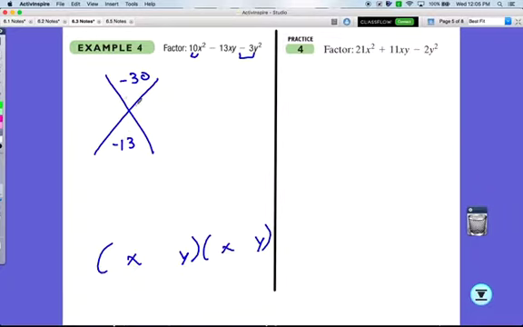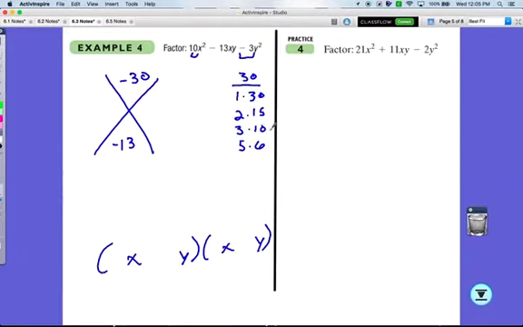So I know my signs have to be different in order to give me the negative 30. So think about my 30s. It's either 1 and 30, 2 and 15, 3 and 10, or 5 and 6. And you have to be really careful here about your signs.